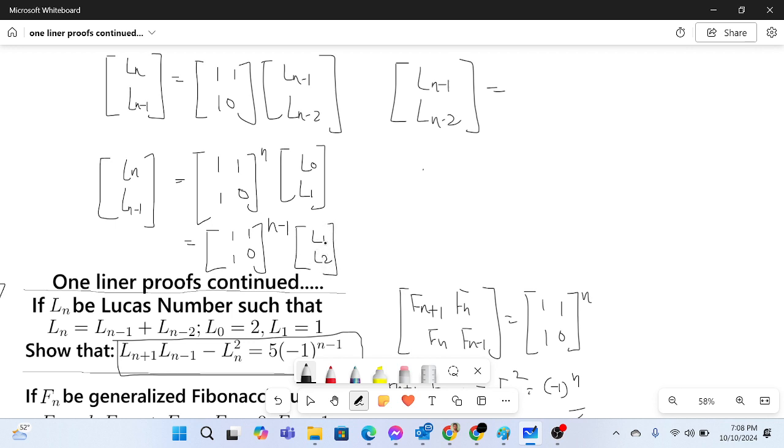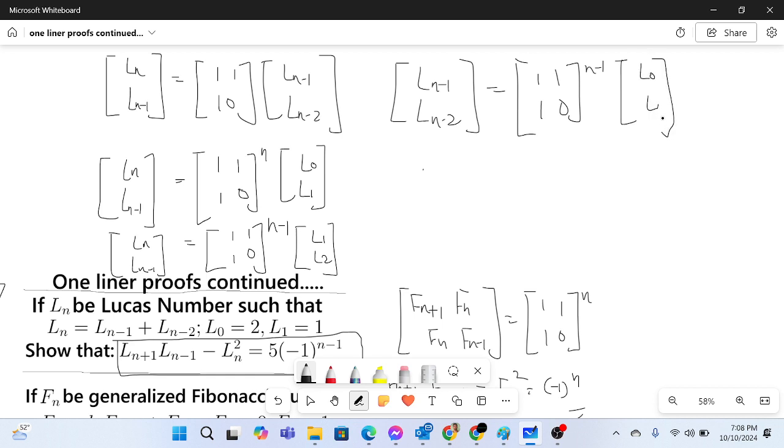Since here we already have L1 and L2, now n minus 1 and 1 will add up to give n anyways, n minus 1 and 2 will add up to give n minus 1 anyways, right? So I think you can see why this works, because I have just split one matrix and multiplied this with the L0 L1 to get this picture. Now there's a reason why I'm writing it like this. I want to show you something. And now we can get this by multiplying this matrix to the power n minus 1 with L0 L1.